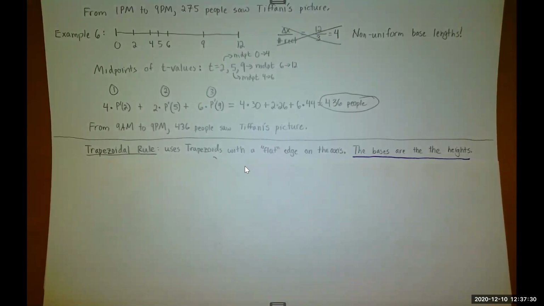The other thing that's going to feel awkward about the trapezoidal rule is, you remember how it was the sum of the two bases? It's actually the sum of the two heights from what we did rectangularly speaking. So you may be confused about that, and why does that make sense? Well, a trapezoid, the two parallel sides, those are the bases. So we've got bases that are vertical.